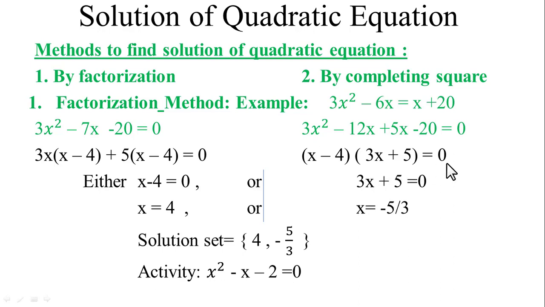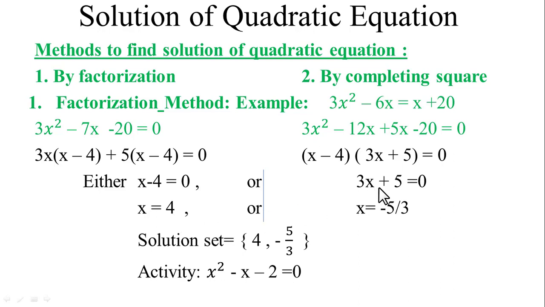Either x minus 4 is equal to 0 or 3x plus 5 is equal to 0. Now we write that either x minus 4 is equal to 0 or 3x plus 5 is equal to 0. Now we can solve: minus 4 moves to the other side, then x is equal to 4.